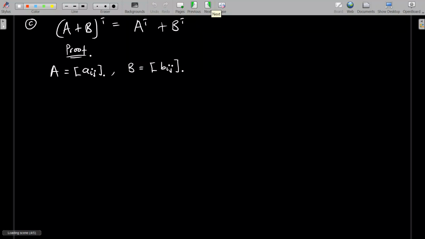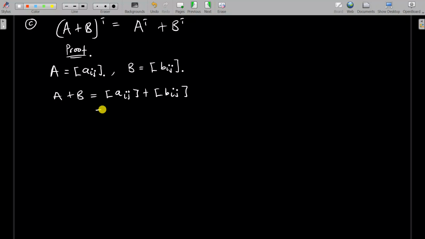Now the next proof is that if I have A plus B, then I transpose all of them, I'm going to get A transpose plus B transpose, and that follows from the proofs I've been doing. If A and B are like that, then A plus B would be the little Aij plus this guy Bij.